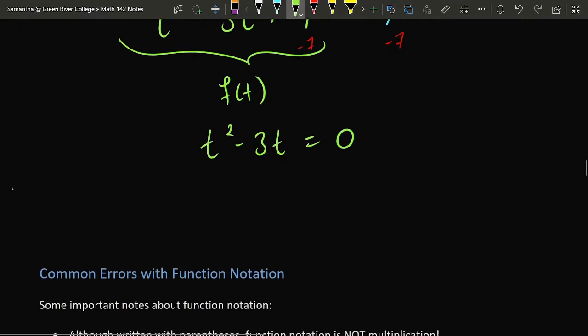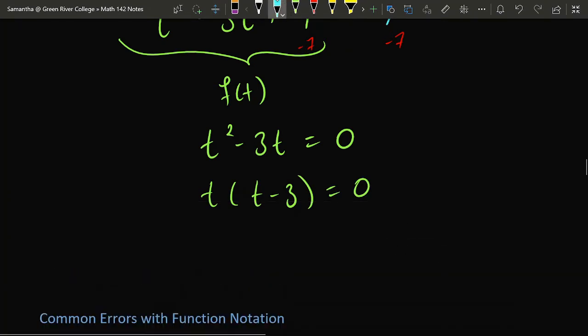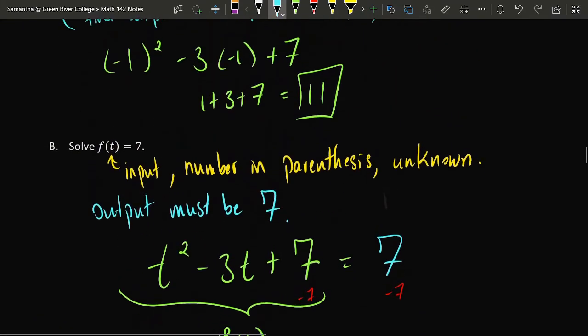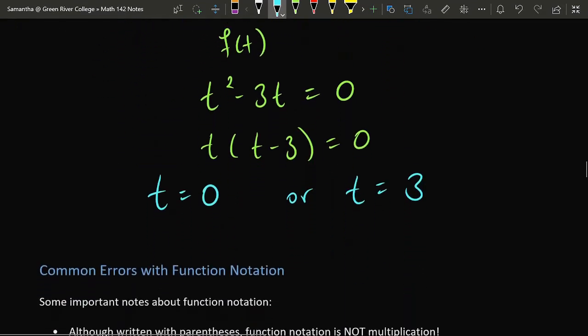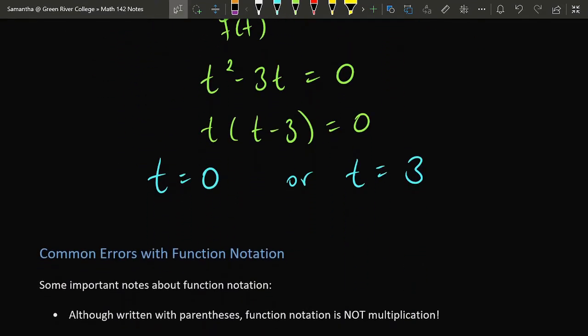I can factor: t times t minus 3 equals 0. And then I can use the zero product property to say that t could be equal to 0 or t could be equal to 3. In either case, the product will be 0, which means that the function will output 7. These are the two inputs that will lead you to this desired output of 7.